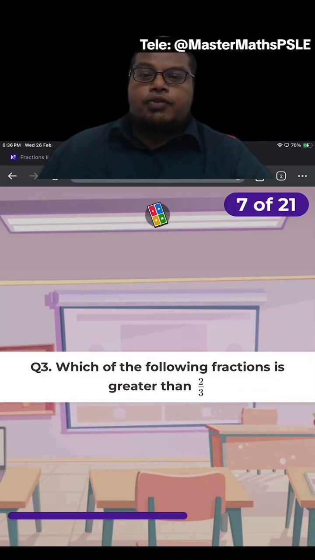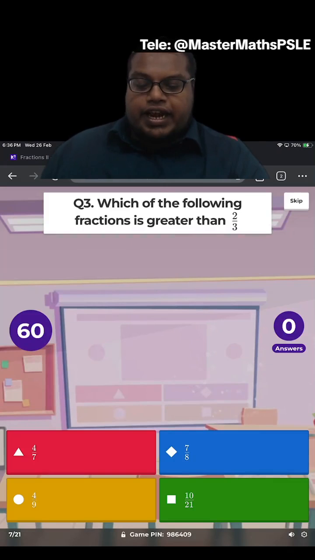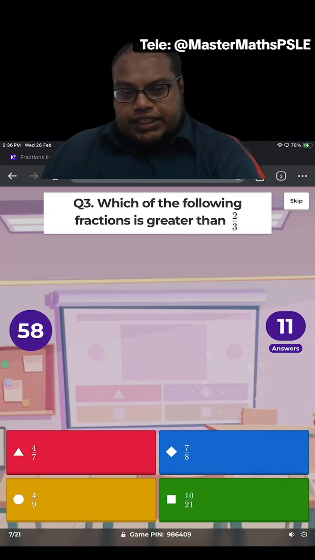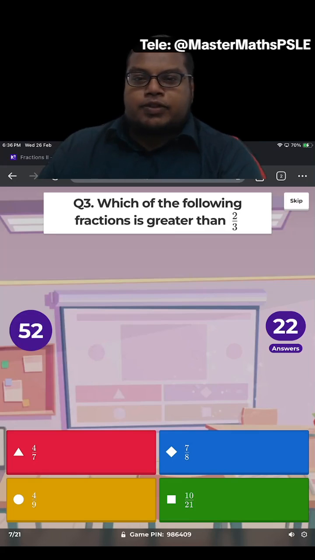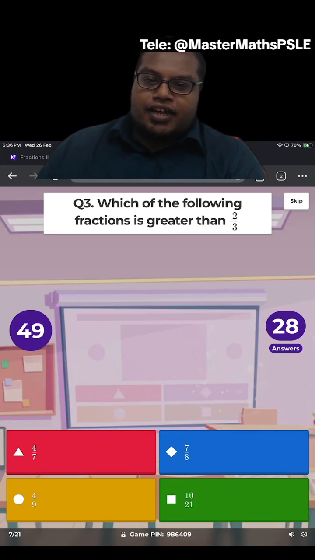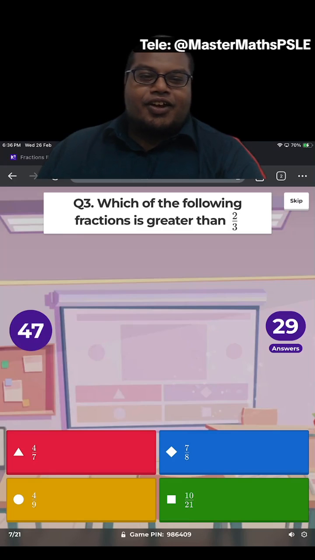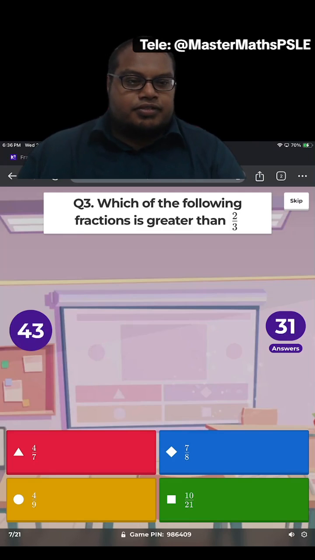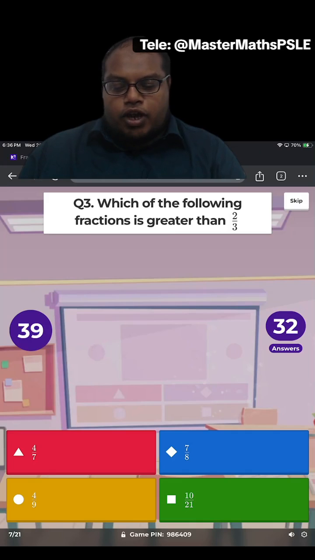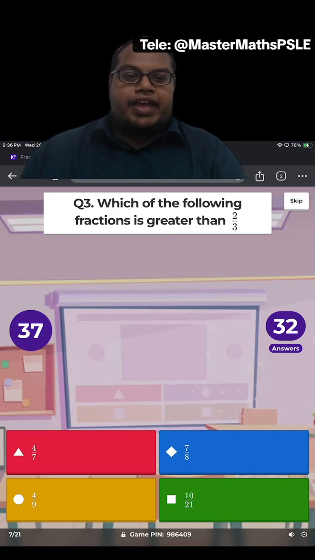Now, which of the following fractions is greater than 2/3? Which one? Okay. Don't press the purple. The purple is not the option. Alright. Hello. Alright, we got 38 more seconds. No, it's not green. Are you sure it's green?